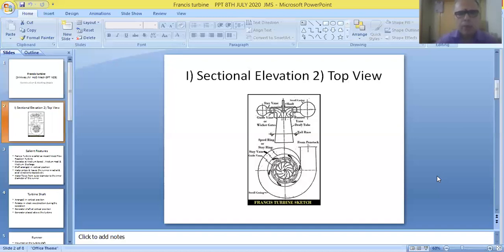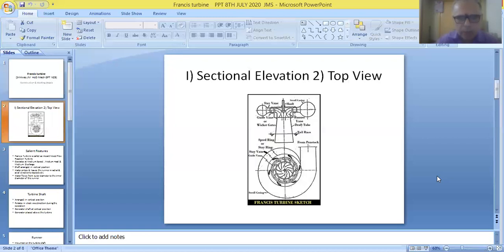So these are the salient features of Francis turbine. Now we have these diagrams. The first, top one indicates the front view of the turbine, and the second figure indicates the top view of the turbine. Now let us identify the various components of Francis turbine.